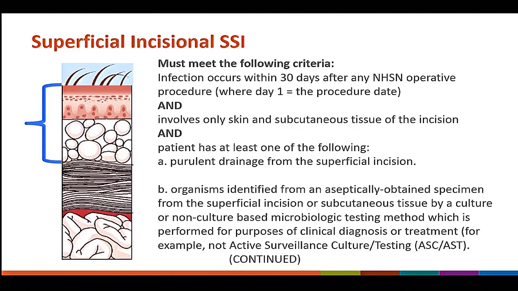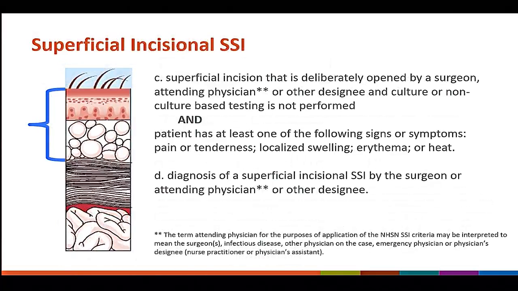It involves only the skin and subcutaneous tissues of the incision, and the patient has to have at least one of the following criteria met: A, purulent drainage from the superficial incision; B, organisms identified from an aseptically obtained specimen from the superficial incision site by a culture or non-culture-based microbiologic testing method; or C, a superficial incision that is deliberately opened by a surgeon, attending physician, or other designee, and a culture or non-culture-based testing is not performed, and the patient has at least one of the following symptoms: pain, tenderness, localized swelling, erythema, or heat.